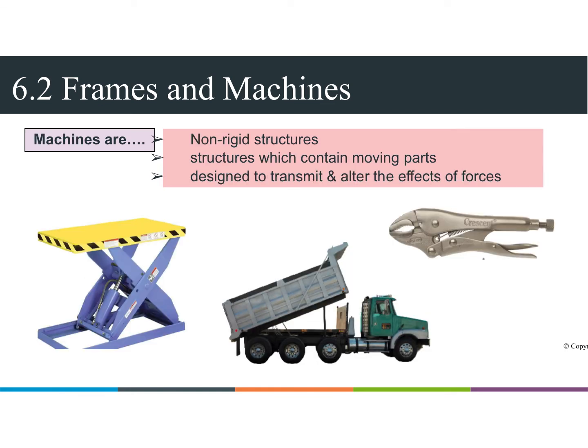Next, a machine is a non-rigid structure, meaning it includes movement inside the body, a structure containing moving parts designed to transmit and alter the effects of forces. Whenever we apply force, the structure moves. Same here: we apply force, push upward, and the truck rises to pour everything out.